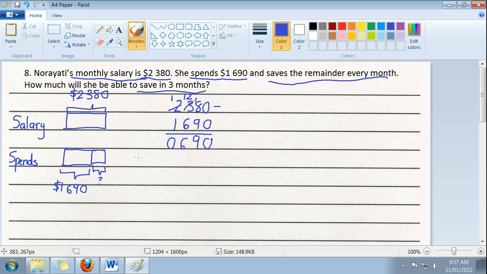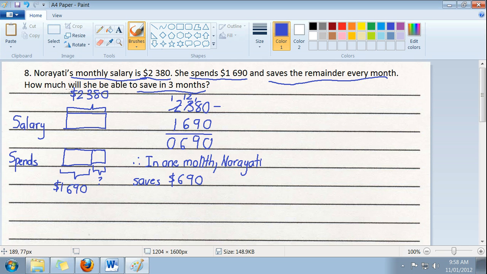So therefore, in 1 month, Norayati saves 690.